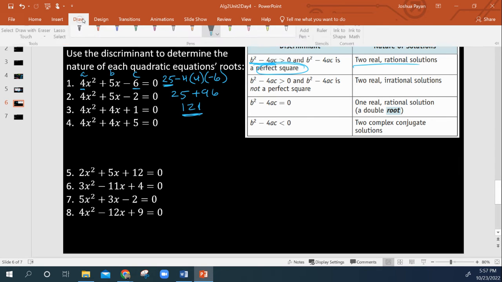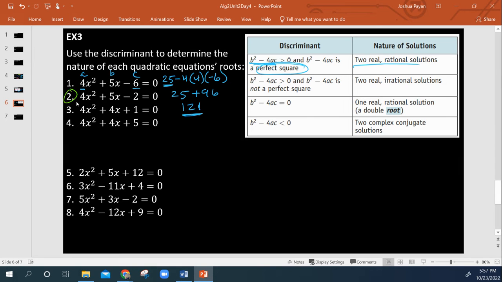Okay, let's look at a different one now. Let's look at this second example here. Okay, so 25 now, right? That's b squared minus 4 times a times c. So 4 times 4 is 16. 16 times negative 2, that would be negative 32.